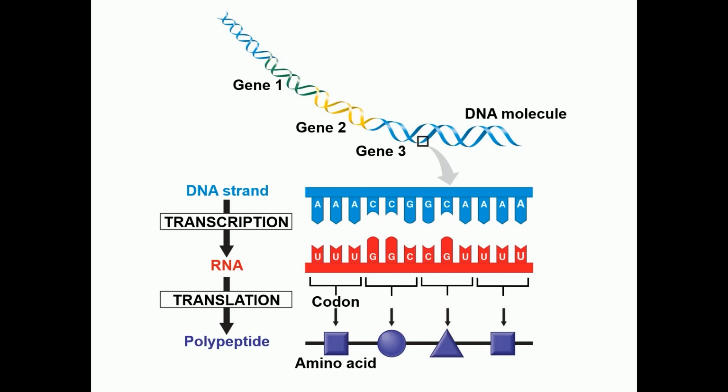The information is stored on the DNA molecule, but in order to actually make a protein out of it, we need to copy the DNA strand into an RNA message. So we copy it into that other molecule, RNA, just the section of the molecule that we want though, okay? So we'll only copy down one gene into RNA, and then that RNA will be used in order to code for a protein.